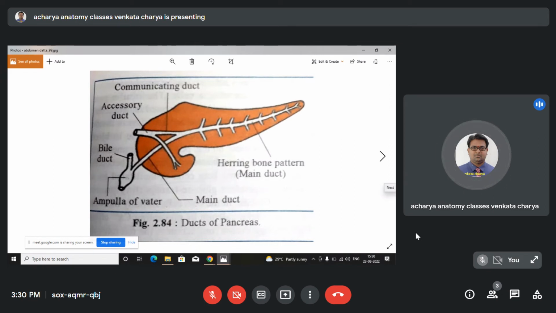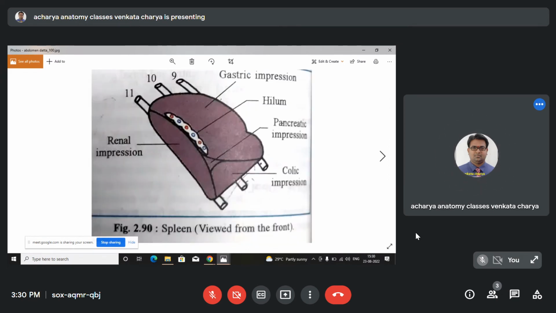The costal surface is related with the 9th, 10th, 11th ribs and their intercostal spaces. And this is the visceral surface.